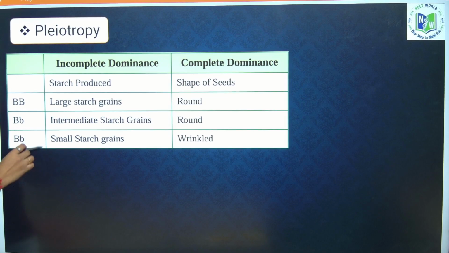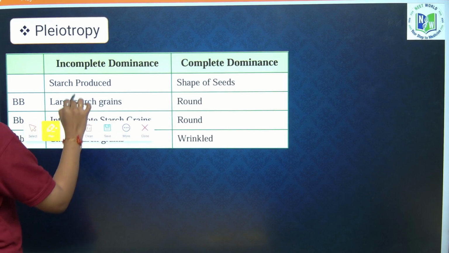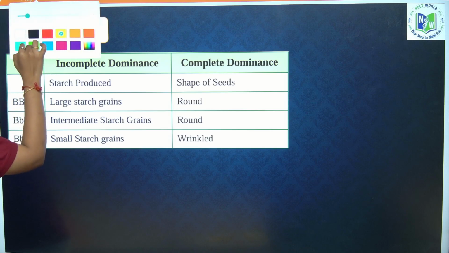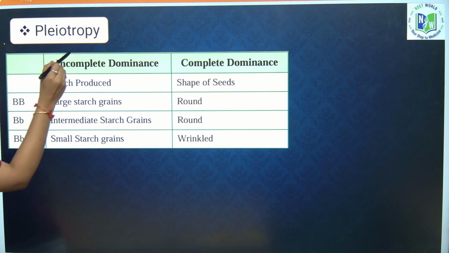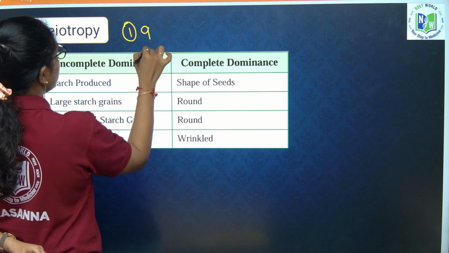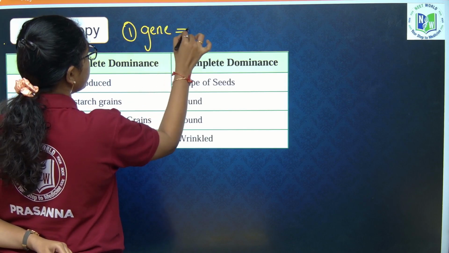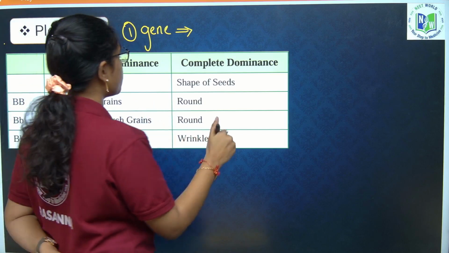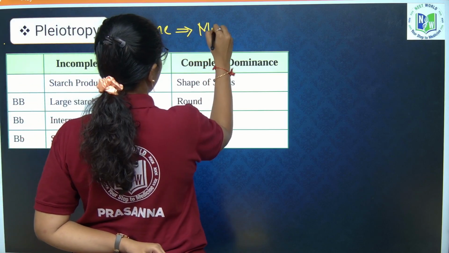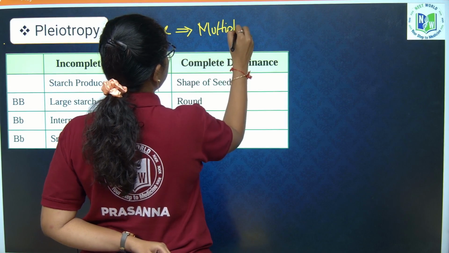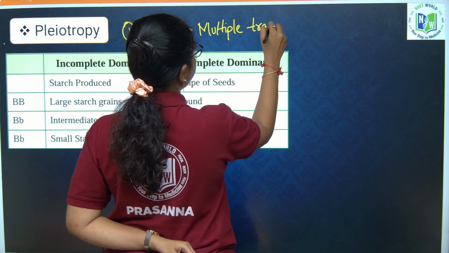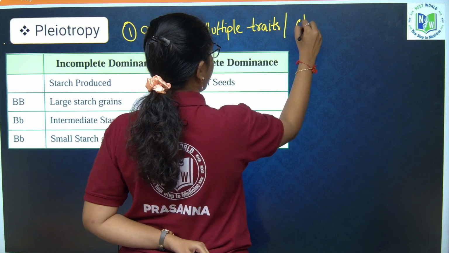What is pleiotropy? Pleiotropy means one gene is expressing multiple traits or characters.